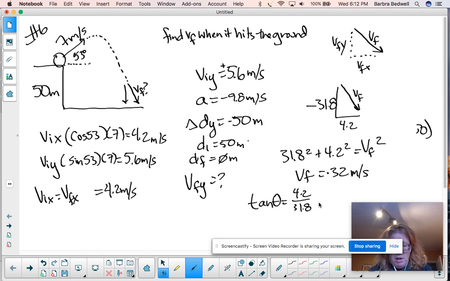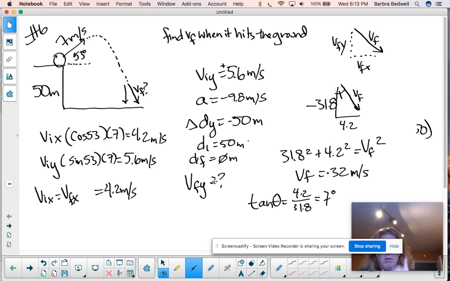Inverse tangent of 4.2 divided by 31.8 is basically 7 degrees. 7 degrees from vertical, or basically 83 degrees from horizontal, whatever you want to do from that. Almost straight down, basically vertical. So there you go.